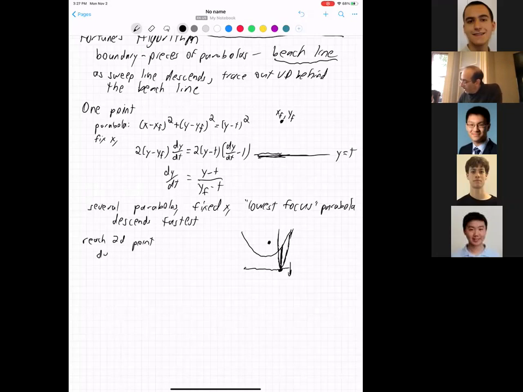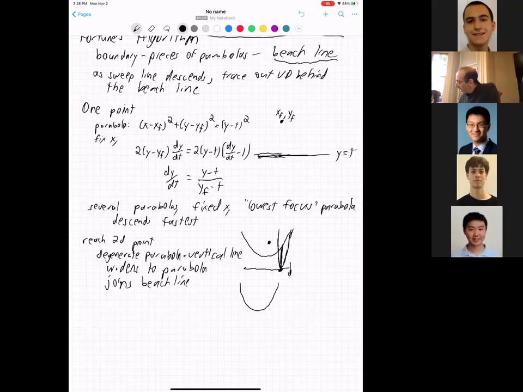So we get a degenerate parabola, which is a vertical line, which immediately widens to a regular parabola and joins the beach line. So now our beach line has two parabolas in it.